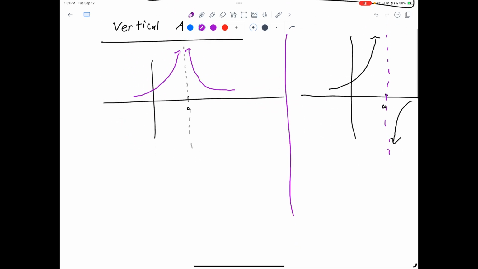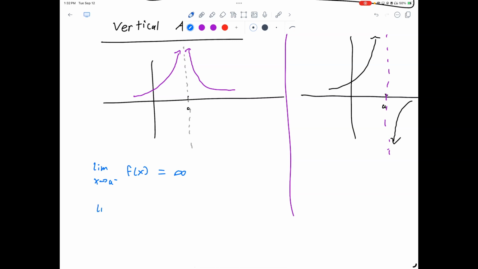So let's write those down in terms of how the questions would look. In this graph over here, the limit as x approaches a from the left-hand side of f of x is equal to what? Infinity. Now, if you want to write a little positive symbol, a plus sign in the front, that's perfectly fine. You don't have to. It looks like a sideways 8. This one.